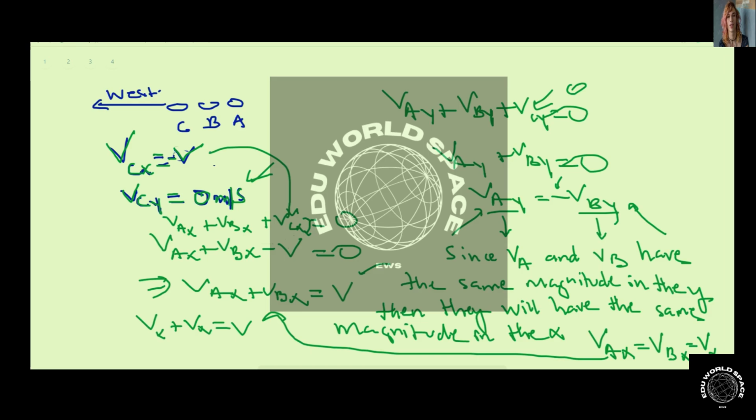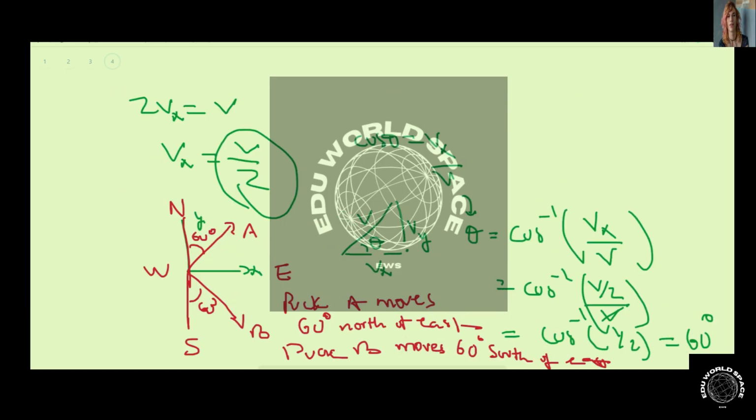And then we did the same thing for the Vcy. Y was 0 because the path going to the west doesn't have a y component, and so we're left with Vay and Vby being equal to 0. And so it shows us that packs A and B are moving in opposite directions, but they have the same magnitude. So they'll also have the same magnitude in the x, and that's going to be the Vx component of the velocity.